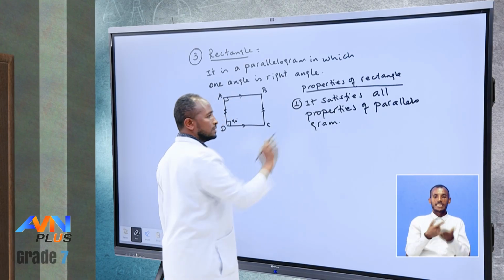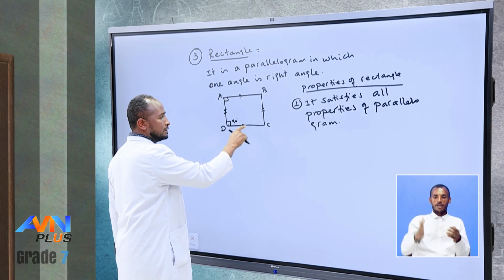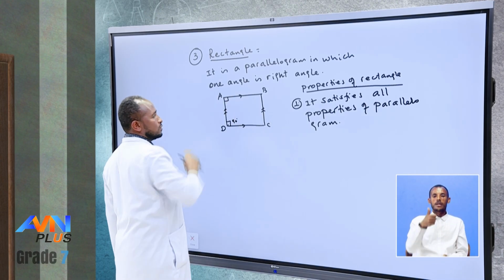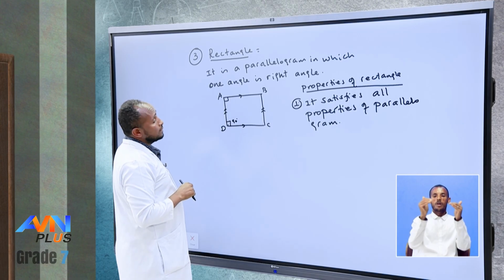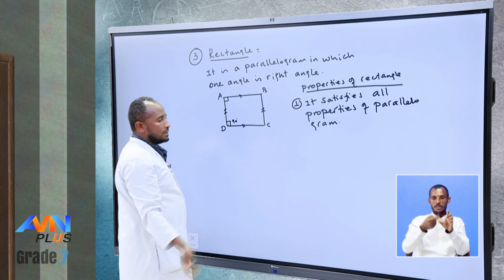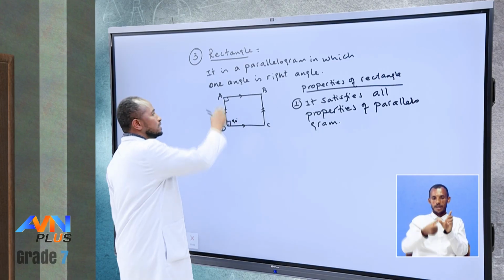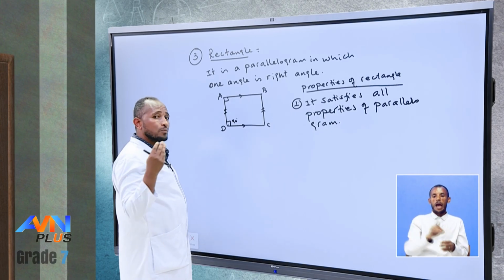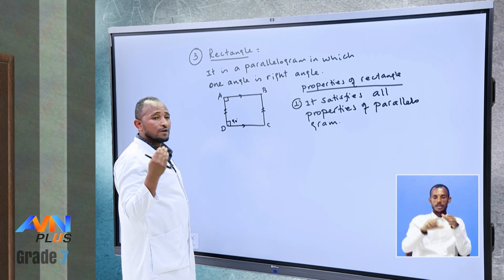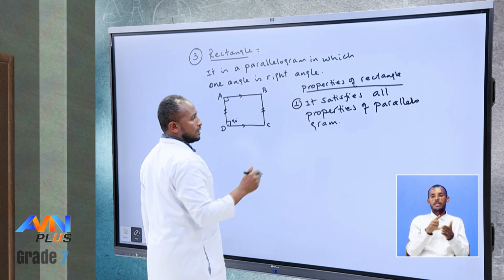This means opposite sides are congruent, this side is congruent to the opposite side. Consecutive angles are supplementary, opposite angles are congruent, and the diagonals bisect each other. All these properties of a parallelogram are satisfied by this rectangle. So it satisfies all properties of a parallelogram.